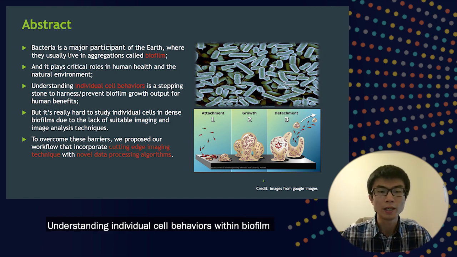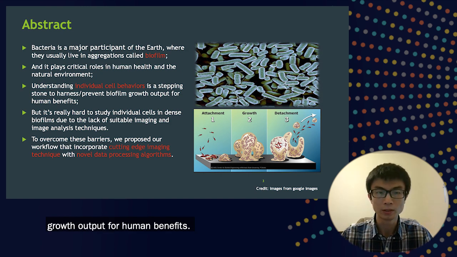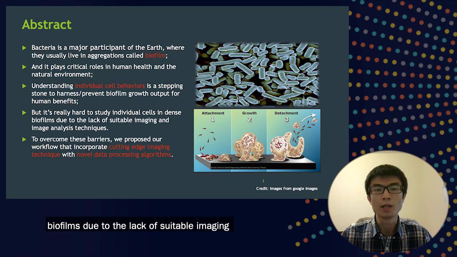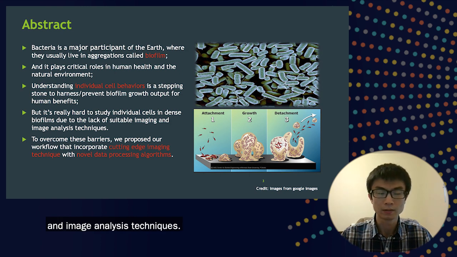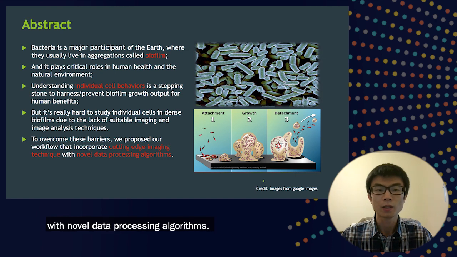Understanding individual cell behaviors within biofilm is a stepping stone to either harness or prevent biofilm growth for human benefits. But it's really hard to study individual cells in dense biofilm due to the lack of suitable imaging and image analysis techniques. To overcome these barriers, we propose our workflow that incorporates a cutting-edge imaging technique with novel data processing algorithms.